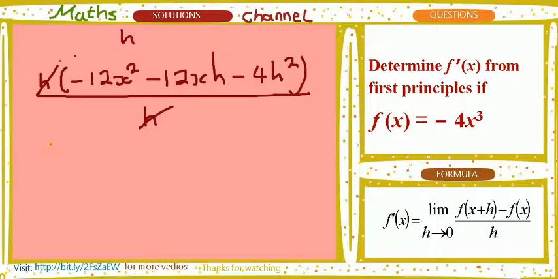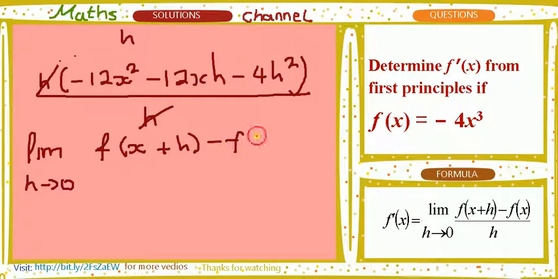Once they have cancelled, we go to the next stage of adding the limit. Now we are already done with this one.